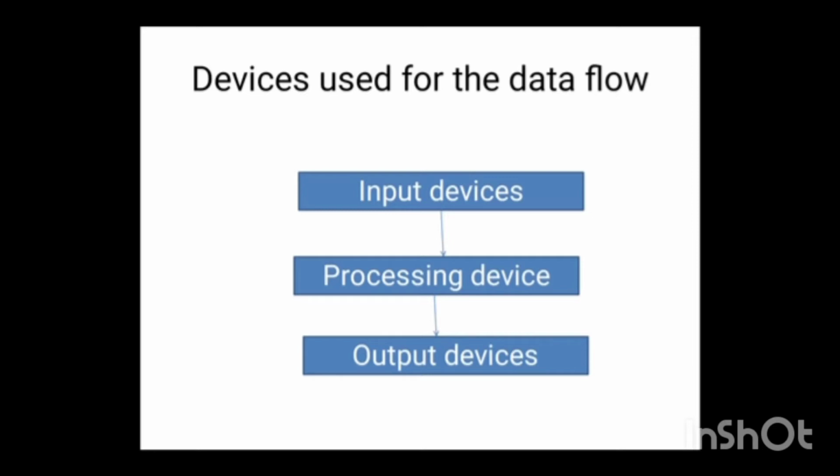Okay. Now, devices used for the data flow. Already I told you we can give data to the computer through input devices. Okay, there are so many devices. For example, when you close the eyes of your friend with your hand and take a rose near his nose, he can smell its fragrance, isn't it?